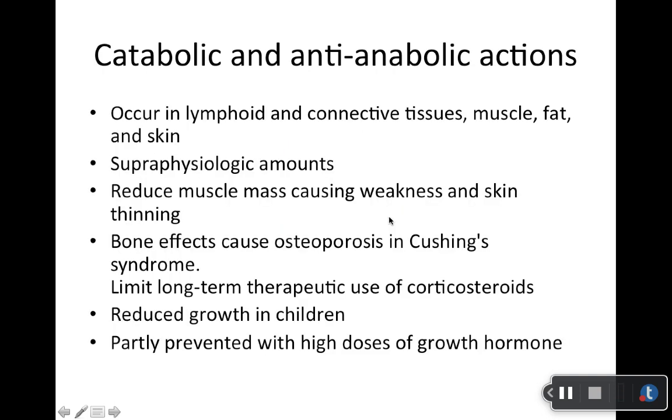Here's a visual representation of the metabolic actions. There are also catabolic and anti-anabolic actions. Again, these usually aren't an issue unless a person is on higher doses for longer term. Definitely read through all of these. This is where you need to be mindful of Cushing's syndrome, specifically osteoporosis as a secondary effect.